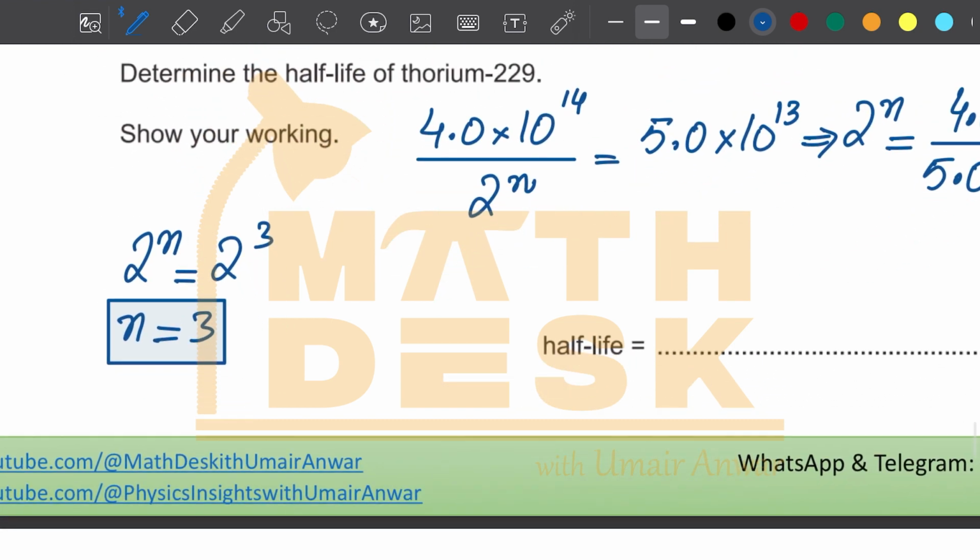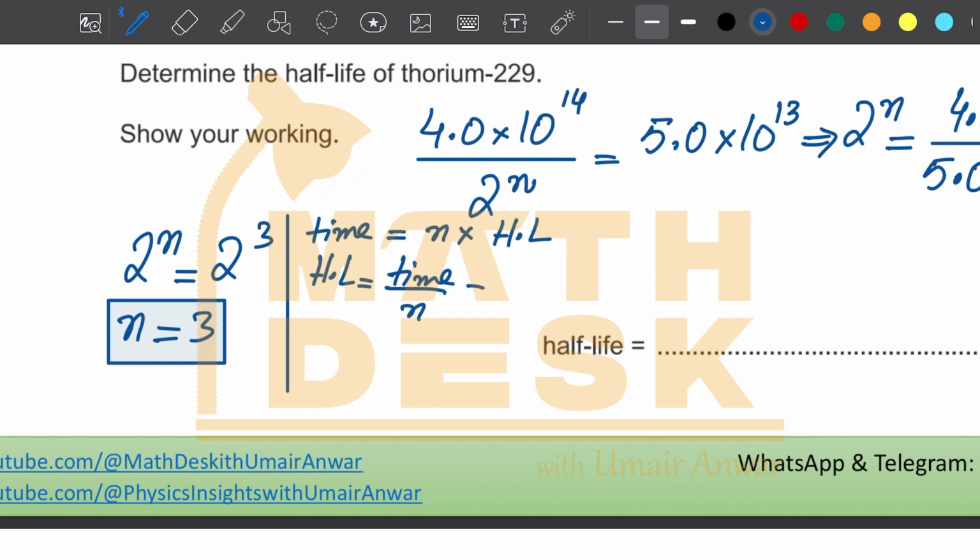Now the value of half-life can be found using this relation: the time is equal to the number of half-lives multiplied by the half-life. So the half-life would be equal to time divided by the number of half-lives. The time was 22,000 years and it would be divided by 3.